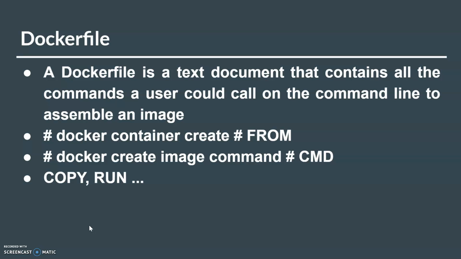For example, we used the Docker container create command, and we passed the image, which was Ubuntu in our previous example. We passed Ubuntu as an image taken from Docker Hub. Here in a Dockerfile we use the FROM command.